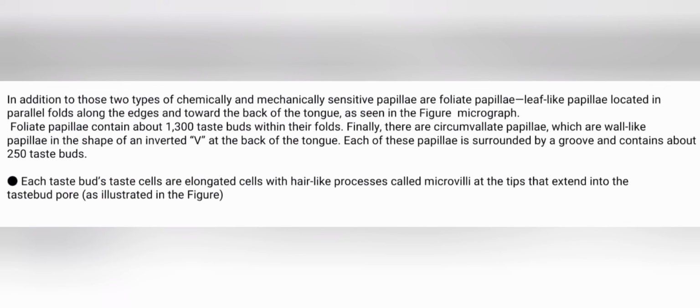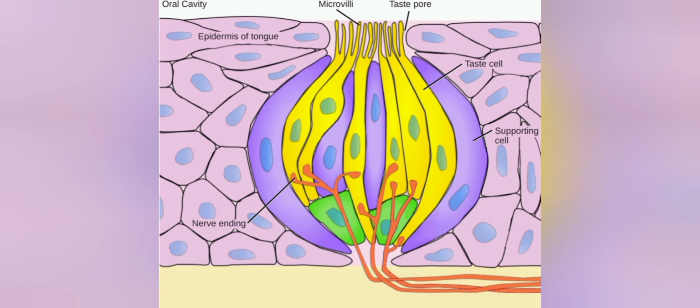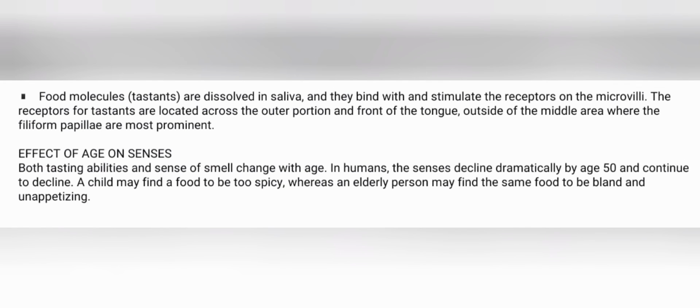Each taste bud's taste cells are elongated cells with hair-like processes called microvilli at the tips that extend into the taste bud's pore. As you can see in the figure, pores in the tongue allow tastants to enter taste pores in the tongue.